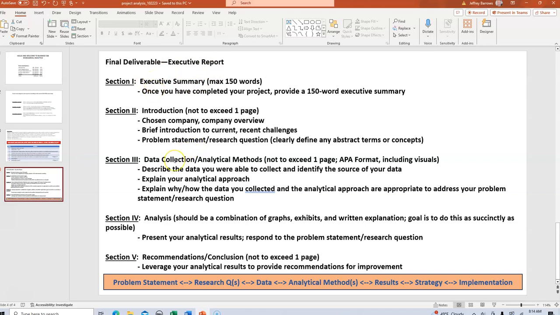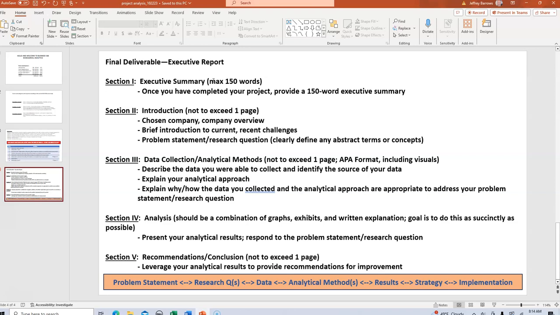Once you have gone through and produced the report, what I want up front is an executive summary. The premium on this is summarizing everything that you have done in 150 words. If you've ever heard of the elevator speech, if you see the CEO and the CEO asks how the project's gone, in 150 words, what are you going to tell them?